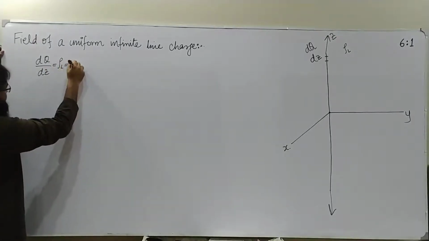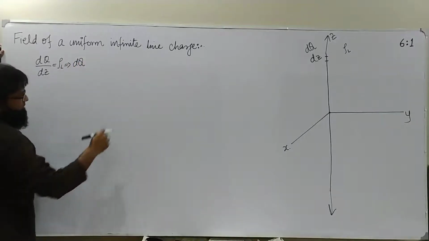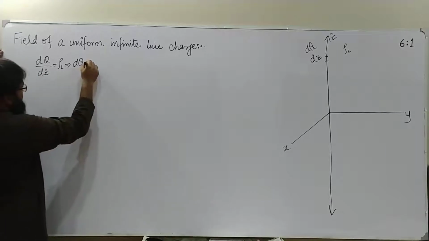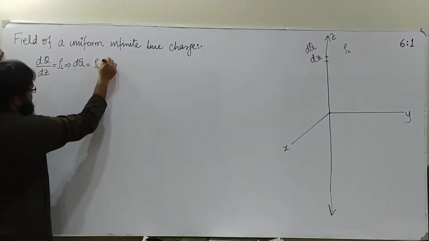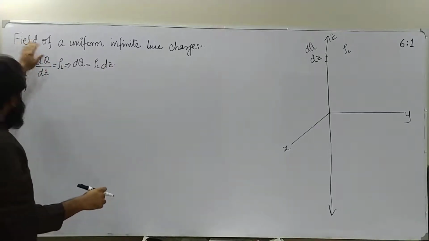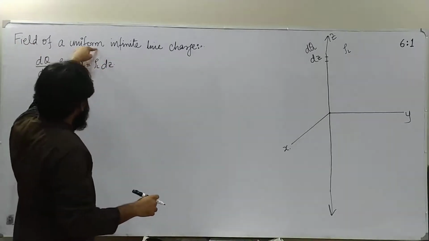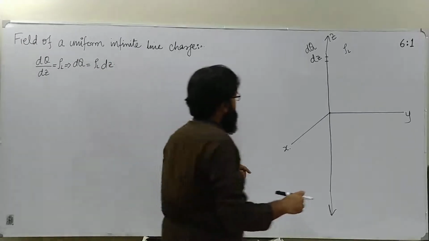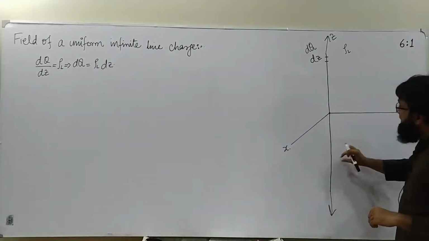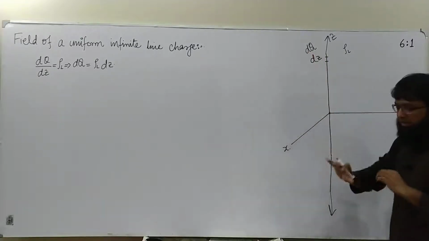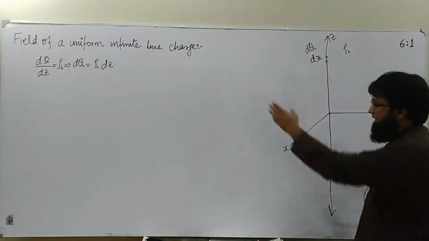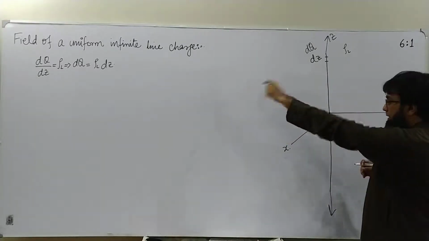So if I need the differential amount of charge enclosed in this differential length, I have to multiply the charge density by dz, since we are dealing with a uniform infinite line charge. No matter where I take this segment, that segment will contain the same amount of charge dq, and that can be figured out from that formula.